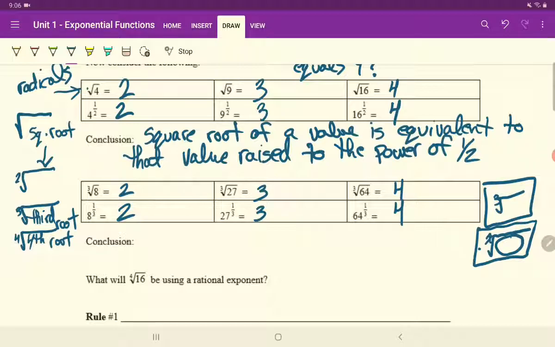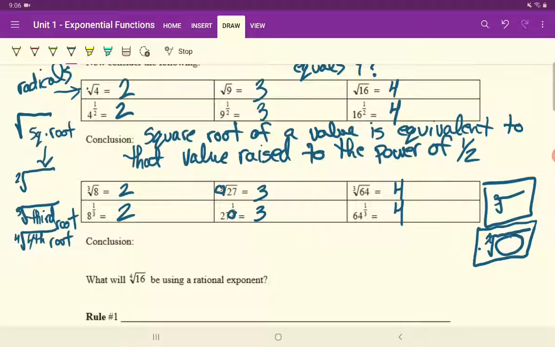Hopefully you're starting to see a pattern: when you have a 3 here, or a cubed root, the number in the denominator of your fraction will also be 3, and it just has a 1 on top, a 1 in the numerator. So if I took the 4th root of, let's say, 16, it would be the same thing as 16 to the power of 1 over 4.